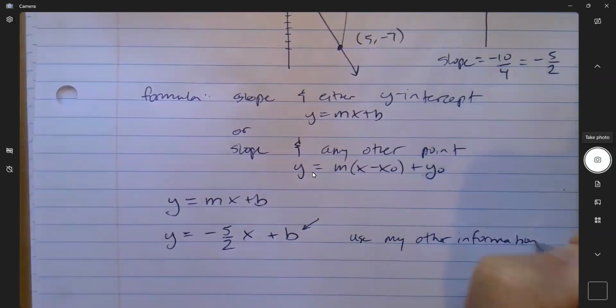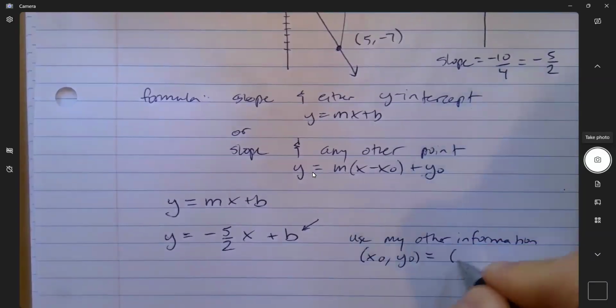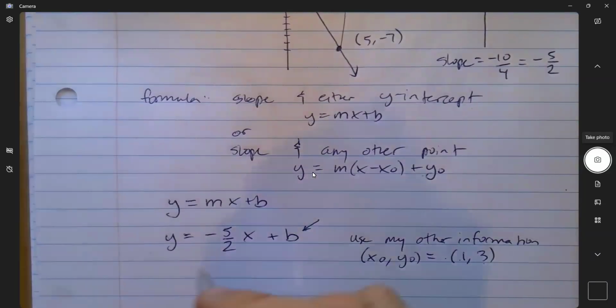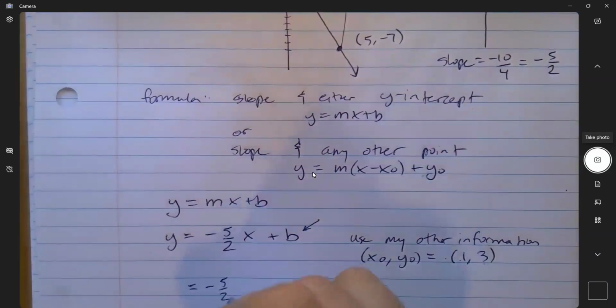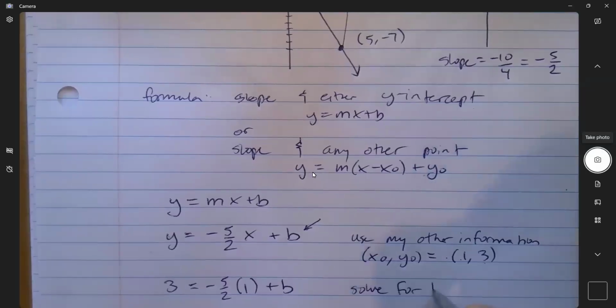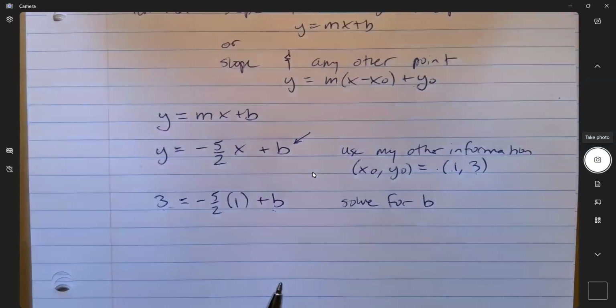And that other information is the fact that one of my points, x0, y0, is the point (1, 3). And that means 1 and 3 must make this equation true. If I put 1 in for x, once I do the equation, I have to get 3 out of it. And now I can solve for b. I have a whole bunch of numbers and a b, so I can solve this equation and find out what b is.